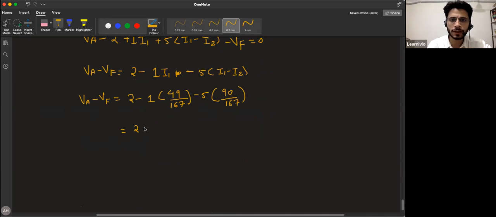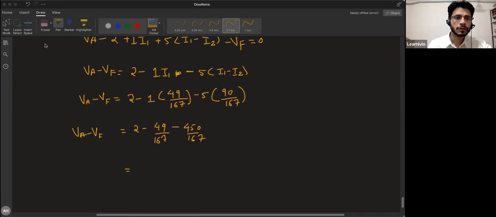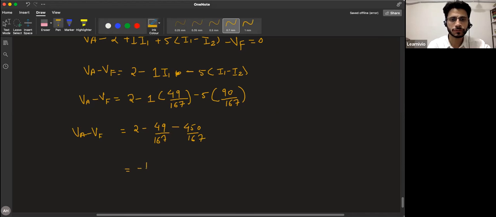So this is 2 minus 49 over 167 minus 5 nines are 45, 450 by 167. So your VA minus VF is 2 into 167 minus 49 minus 450. It comes out to be minus 165 by 167. So that is your VA minus VF.